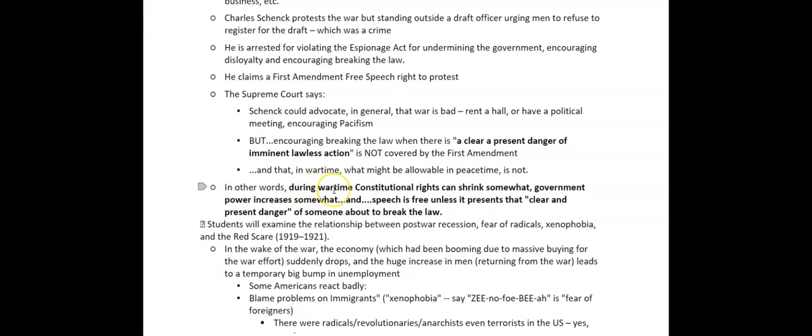So during wartime, this is the big takeaway to get, guys. During wartime, constitutional rights can shrink somewhat, government power increases somewhat, and speech is free unless it presents that clear and present danger of someone about to break the law.